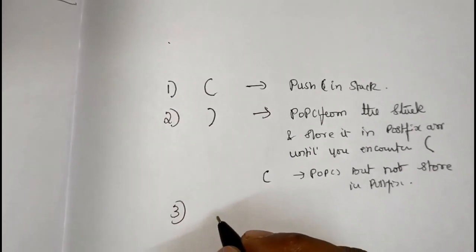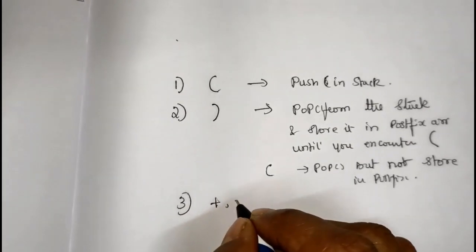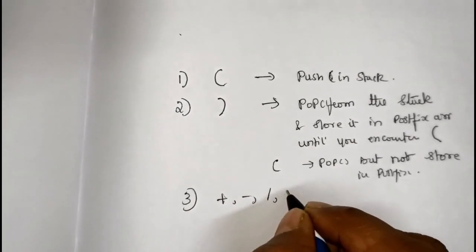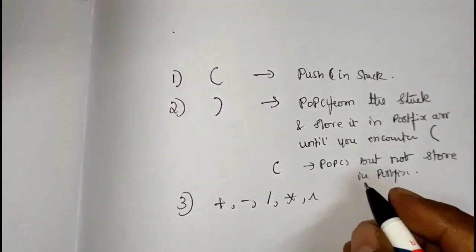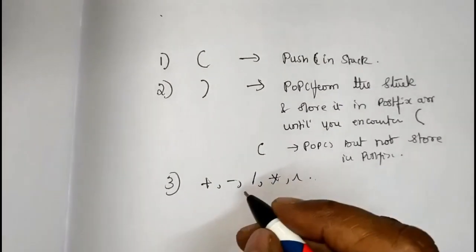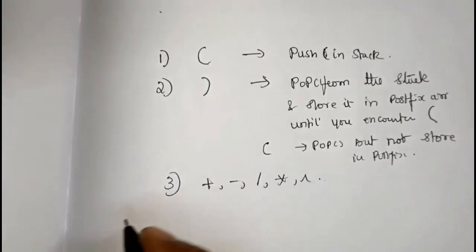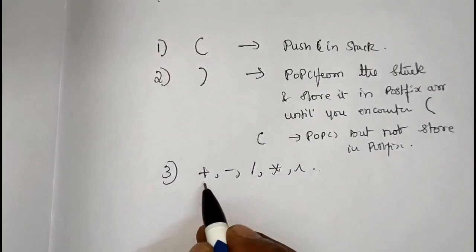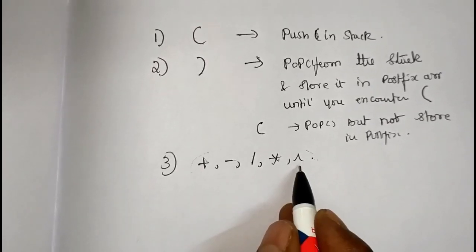Third case, whenever you see any of the operators, it could be plus, minus, division, star or cap, we write a logic where this fits on top of the stack. We know the precedence, so when we encounter these operators, we should know their precedence.